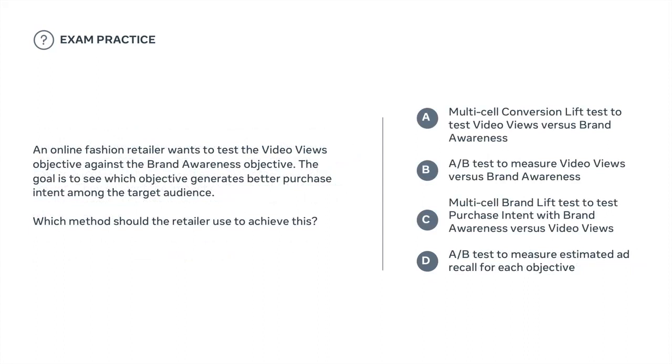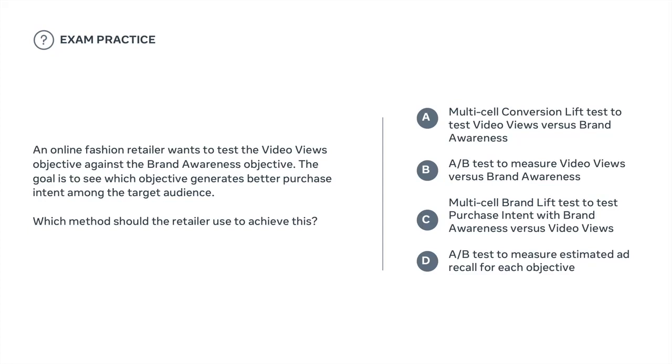An online fashion retailer wants to test the video views objective against the brand awareness objective. The goal is to see which objective generates better purchase intent among the target audience. Which method should the retailer use to achieve this?